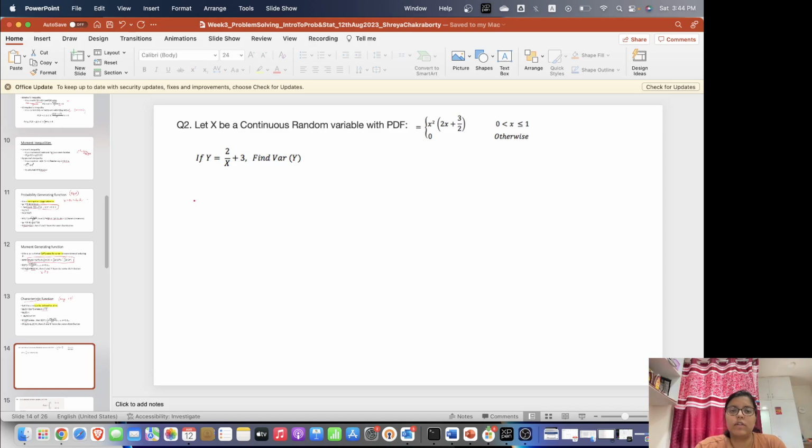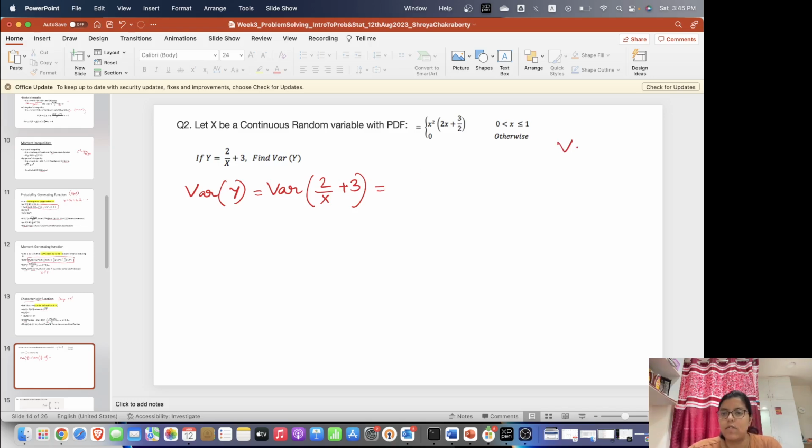So we'll start: variance of y can be written as variance of 2 by x plus 3.